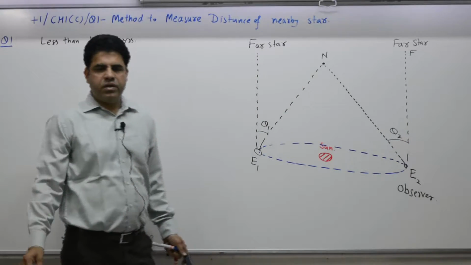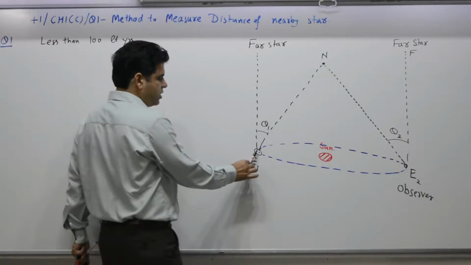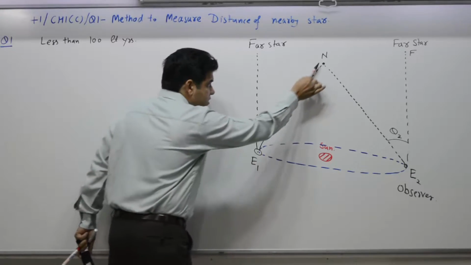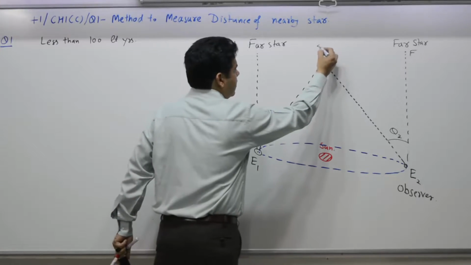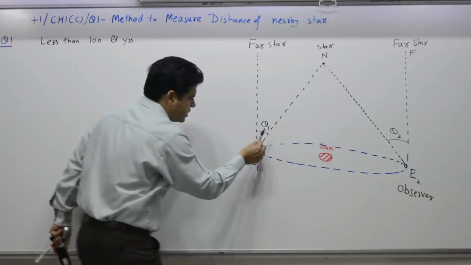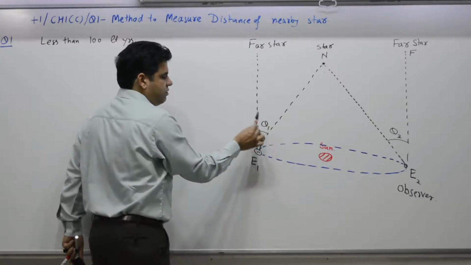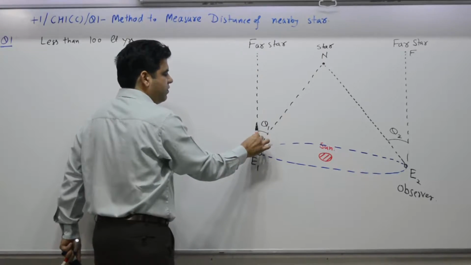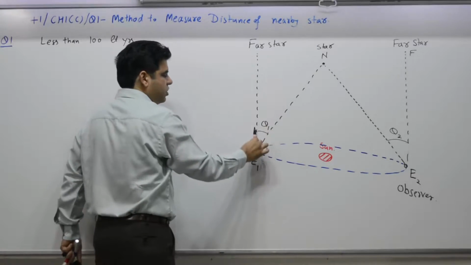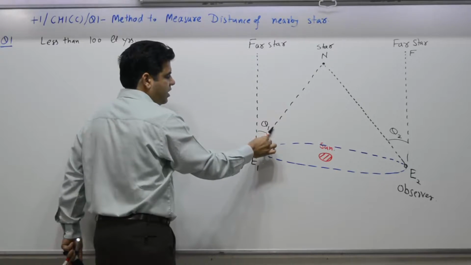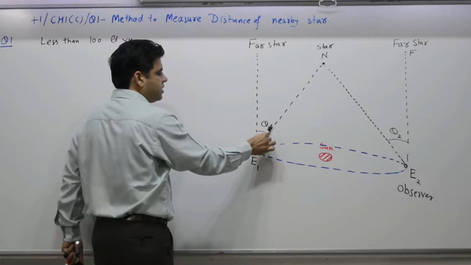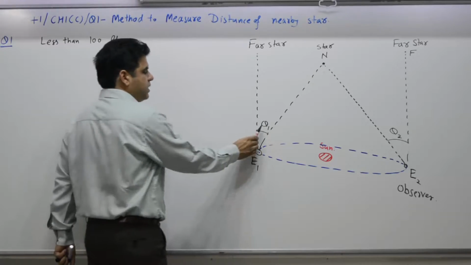Repeat. There is an observer on Earth. The observer finds this star N along this line. When the same observer observes a far star, they will find the observation along this line. The rotation angle by which the telescope moves, theta 1, is measured.